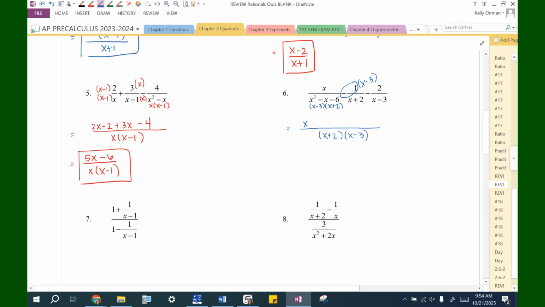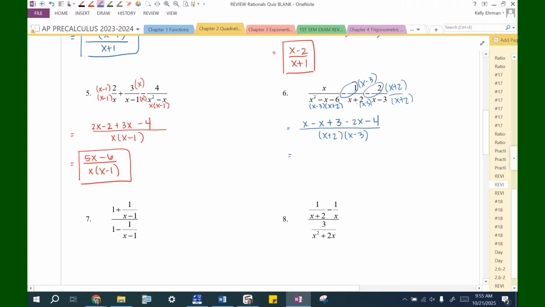Remember, it's a negative 1 times x minus 3, so minus x plus 3. This minus 2 over x minus 3 needs to get multiplied by x plus 2, top and bottom. So that's going to be, again, negative 2 that you take through there, so minus 2x minus 4.